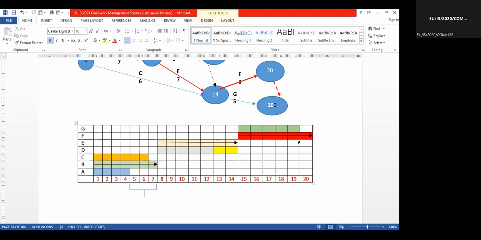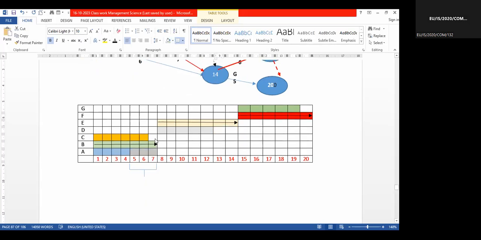Non-critical activities we can delay. So according to these diagrams, non-critical activities such as A can be delayed 3 days, C can be delayed 1 day, D can be delayed 2 days, and G can be delayed only 1 day.